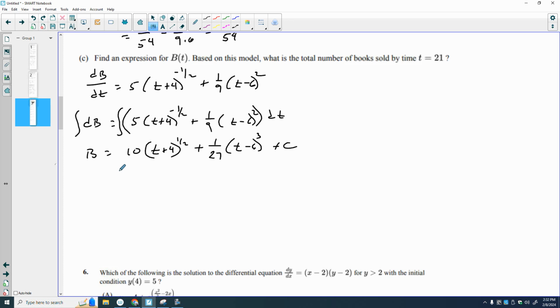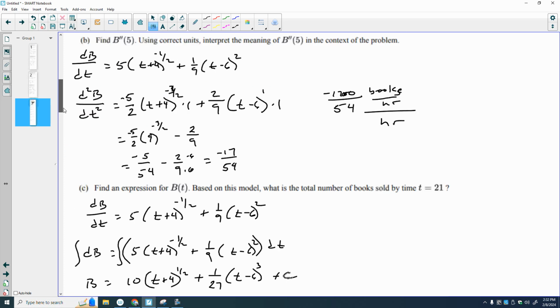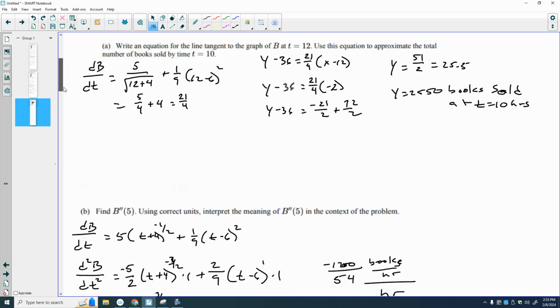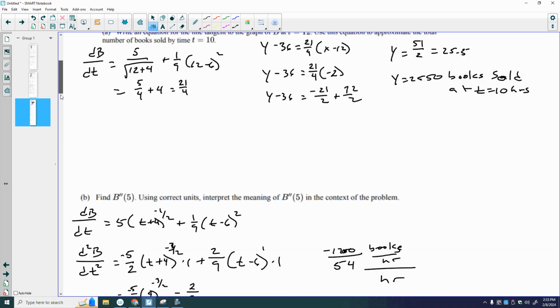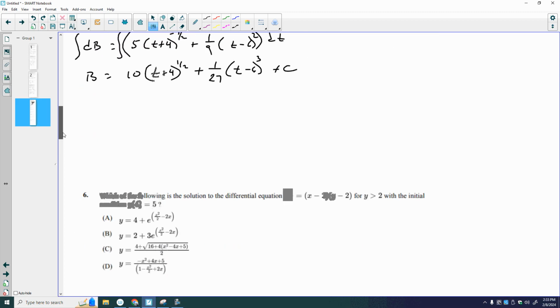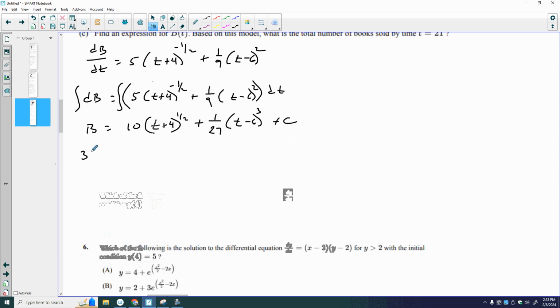Plugging in my initial condition to find the c value, which was 12 and 36. Whoops. So 36 is b. I think on the board I did it the other way just to do it differently, but I'll do it defining c this time. And this was a 12.